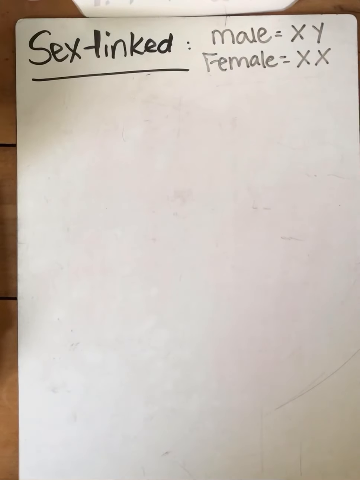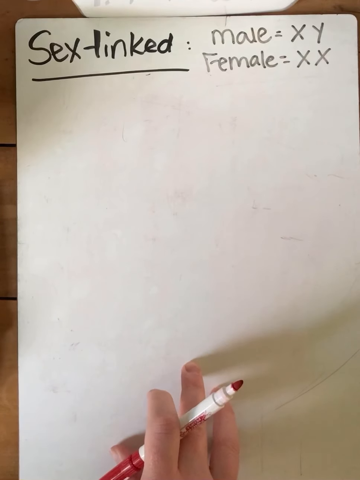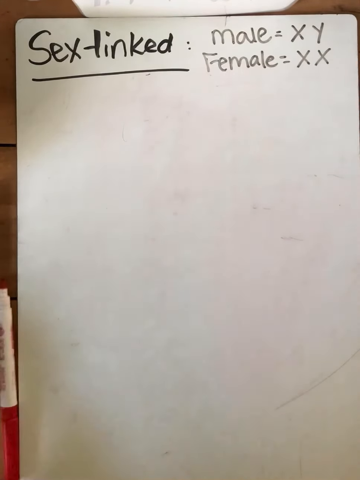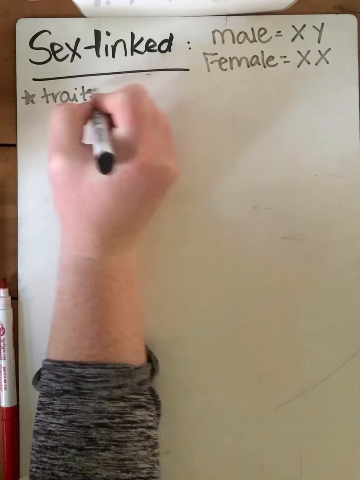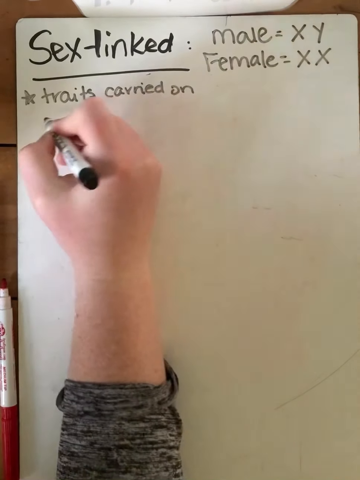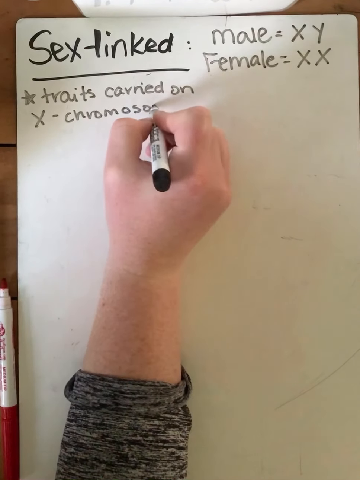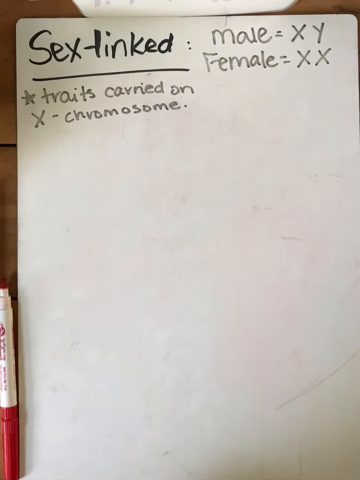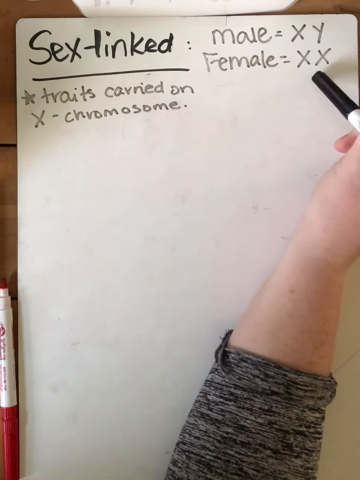Okay? The main type of sex-linked traits that you will look at in sophomore year biology is anything that's linked to the X chromosome. So basically all your traits are going to be carried on the X chromosome. Because of this, keep in mind that males have only one X. Females have two.